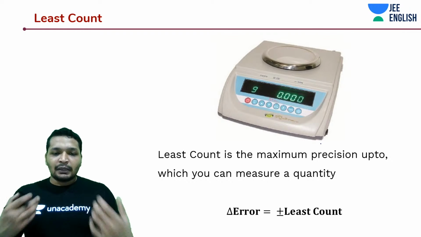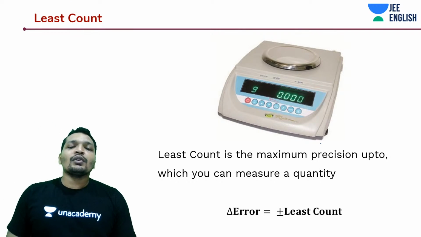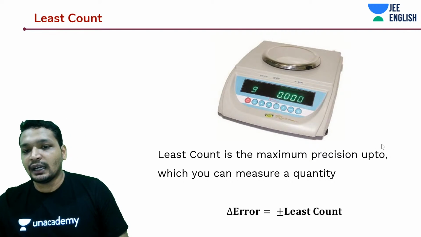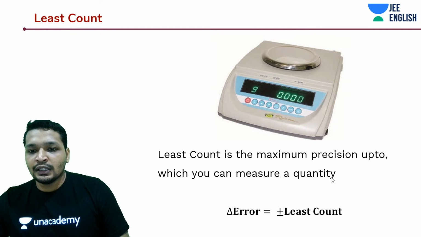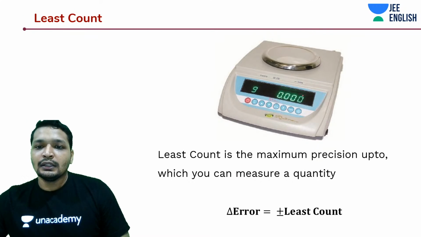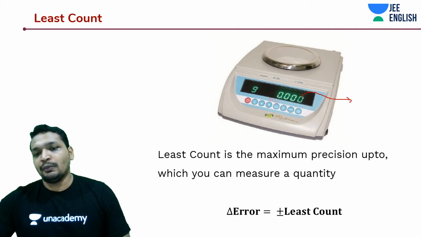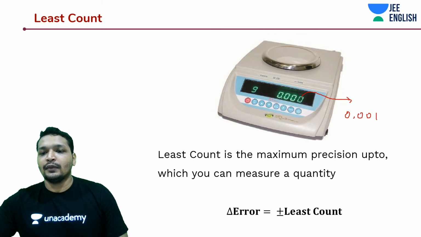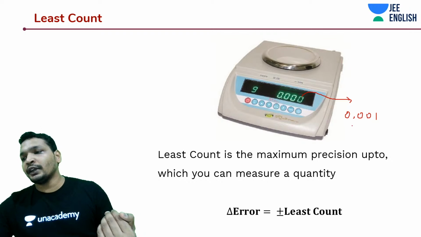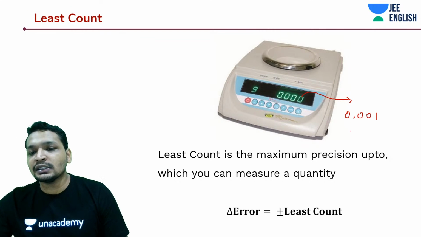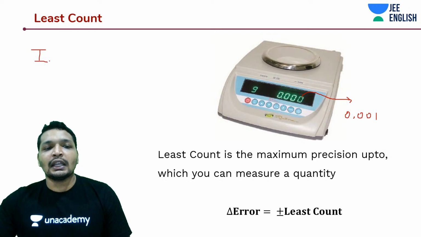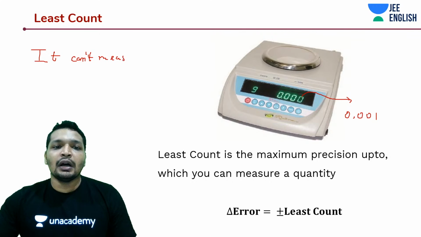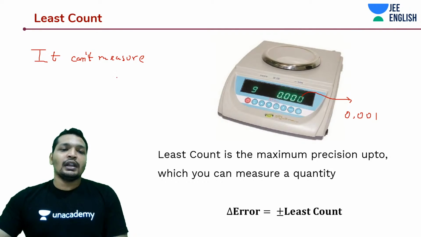And that being said, do understand one of the most important things. Whenever you're calibrating something, measuring something, there is something known as least count that scale can handle. What do I mean by that? For an example, over here, this scale can measure up to this decimal, 0.0001. It cannot measure beyond 0.001. Let's say this is a jewelry weighing machine.